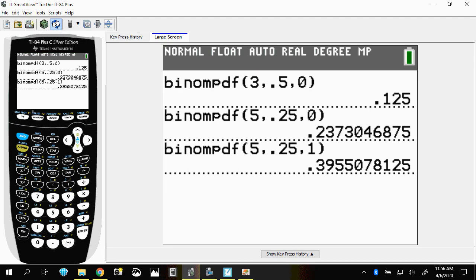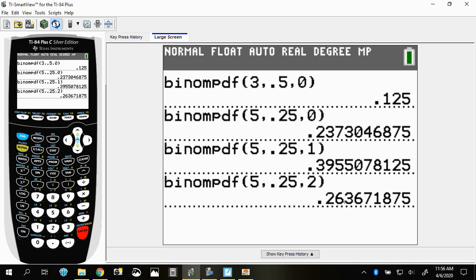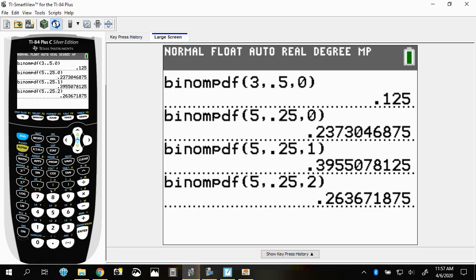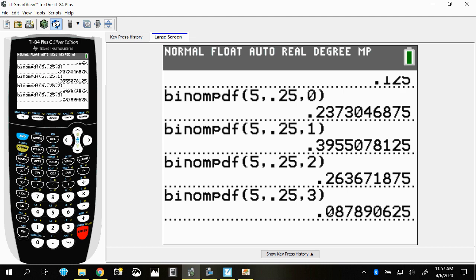Going back over here, doing this again, we have 0.2637, rounding that up to a 7. Then 0.0879.